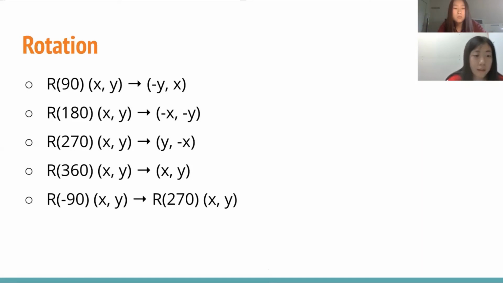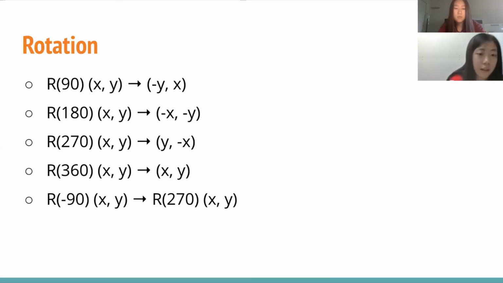As you can see, if you rotate 90 degrees, you have to switch the values and negate the y, the first one. When you rotate 180 degrees, you have to negate both x and y. When you do a rotation of 270 degrees, you switch the positions and then you negate the x value.